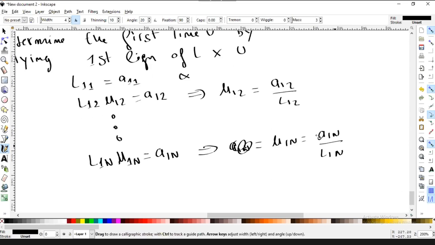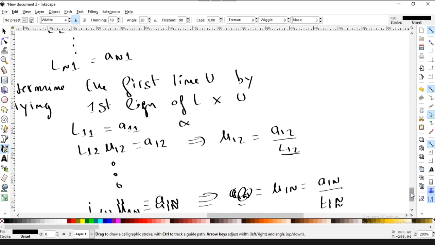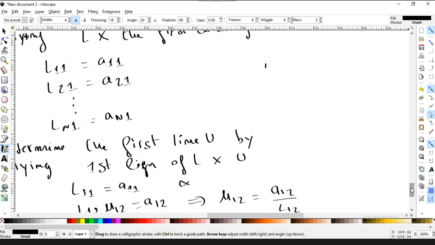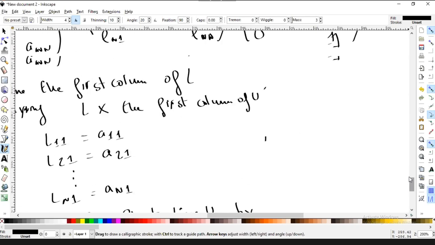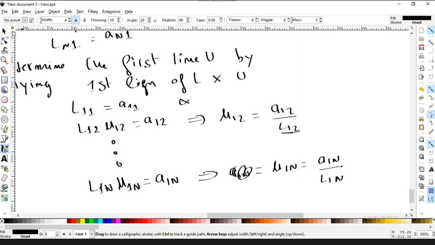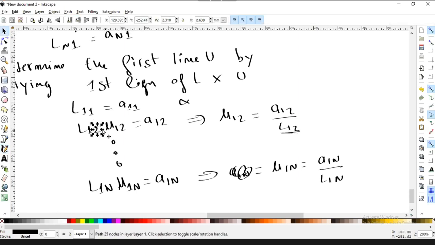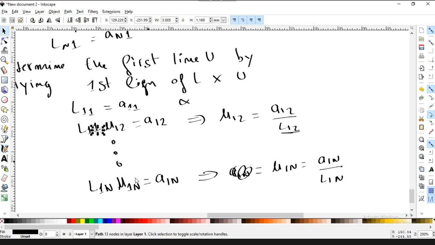So these ones I already determined them here, the L12 from the step before. Sorry, it's L11 here. The L11 I determined from the step before, so it's L11 here. Yeah, sorry for that.